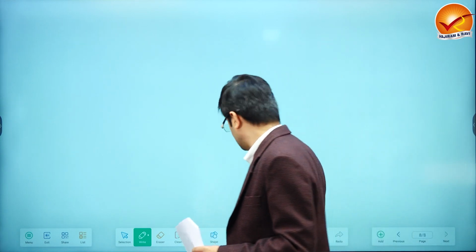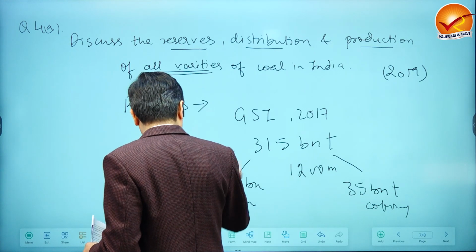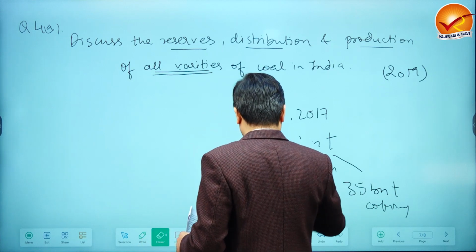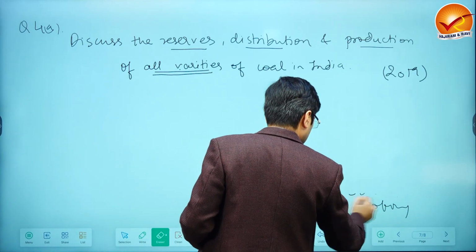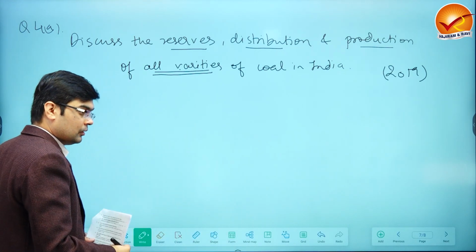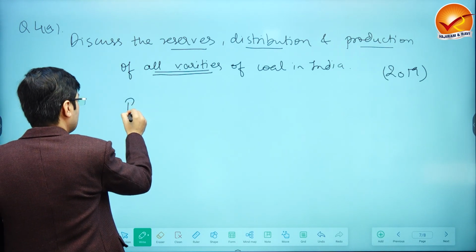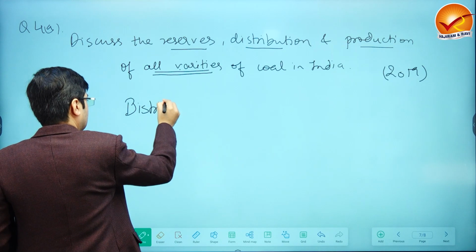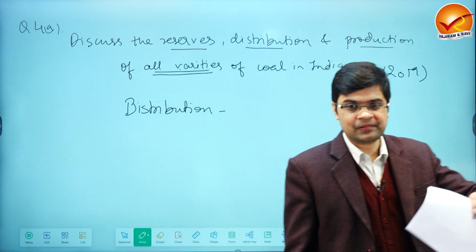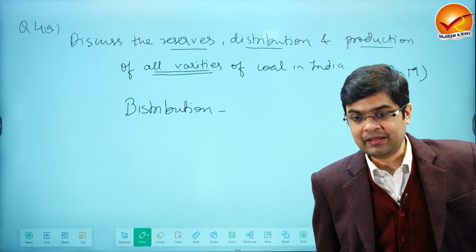Then what about distribution? Yes, map of distribution of Gondwana, lignite and tertiary coal.